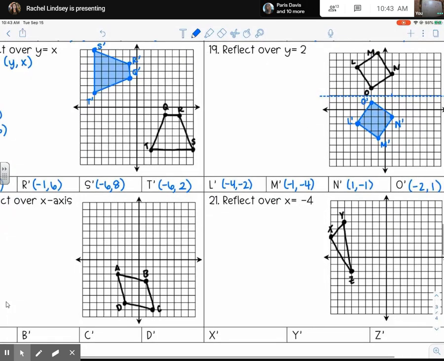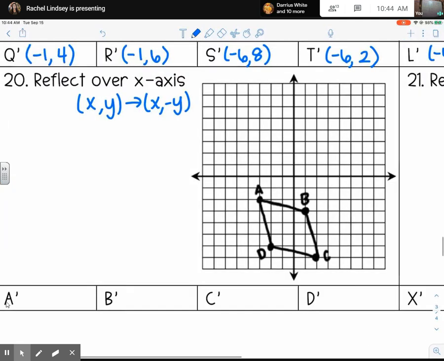Okay, number 20 wants you to reflect over the x-axis. That rule is (x, y) goes to (x, negative y). You can do the counting rule or you can do the coordinates. So A is 2 below, A prime will be 2 above.